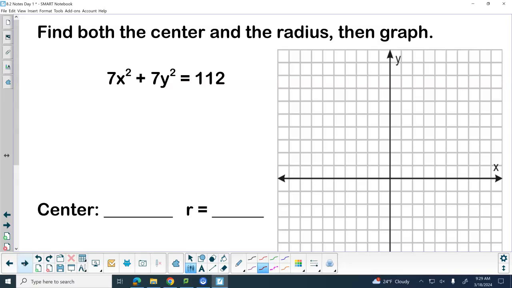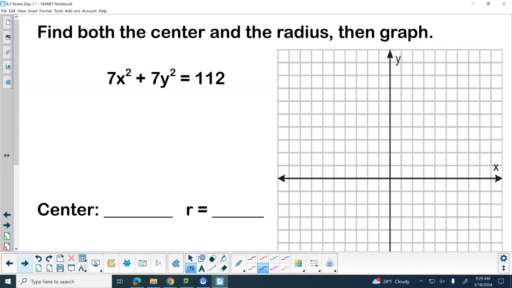What's different about this one? Before we start, we've got to divide them all by 7, because the equation that was given to us had a coefficient on our x and y squared terms that wasn't 1.